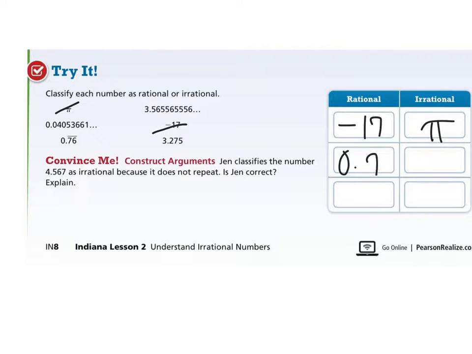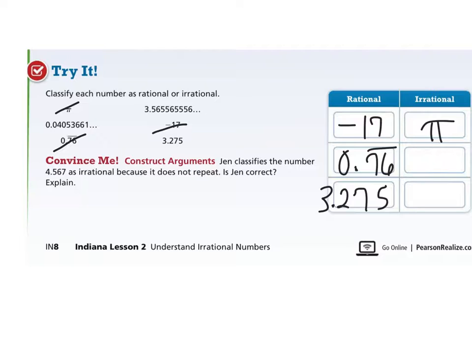The 0.76 repeating would be rational. Remember we talked about the other day, repeating is rational. We'll talk more later, but that you could write as 76 over 99 as a fraction. 3 and 275 thousandths is rational. We could write that as a fraction with two integers if we wanted to, or you could say the decimals end or terminate.